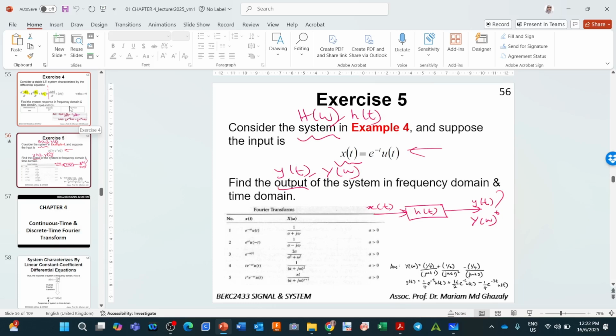B is (j omega plus 2) divided by (j omega plus 3), evaluated at j omega equal to minus 1. C is (j omega plus 2) divided by (j omega plus 1) squared, evaluated at j omega equal to minus 3.